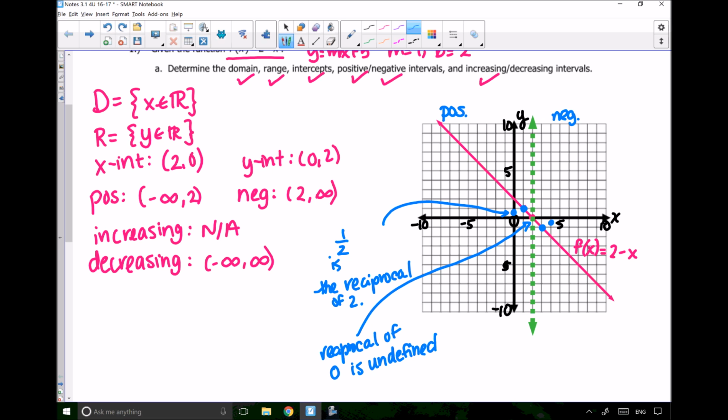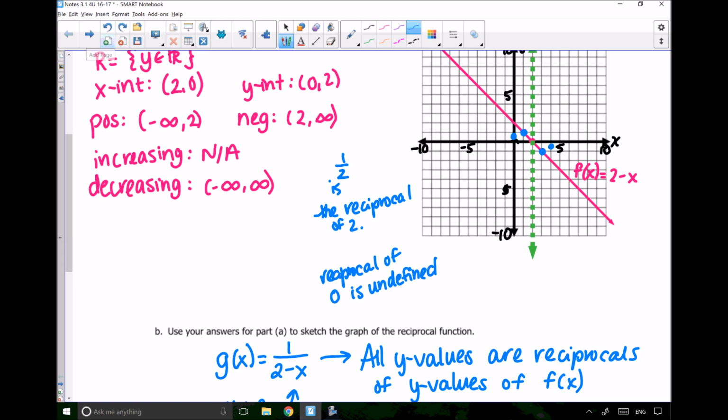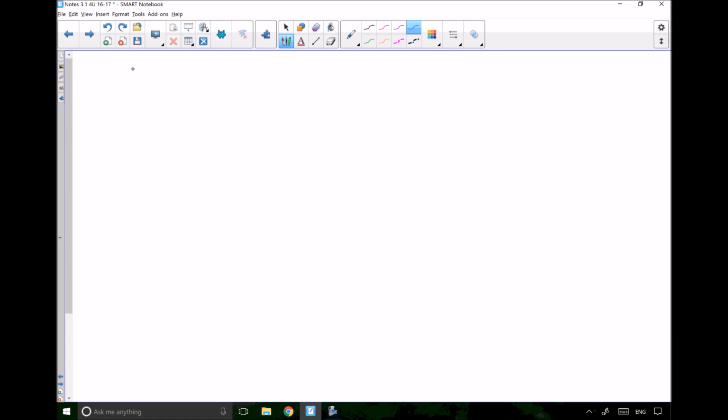Now, the next piece that I'm going to look at, and I'm going to erase these arrows right here so I don't get too confused, is my increasing and decreasing intervals. So I want you guys to notice something that's really important. If I have the numbers 1, 2, 3, 4, these values are increasing.